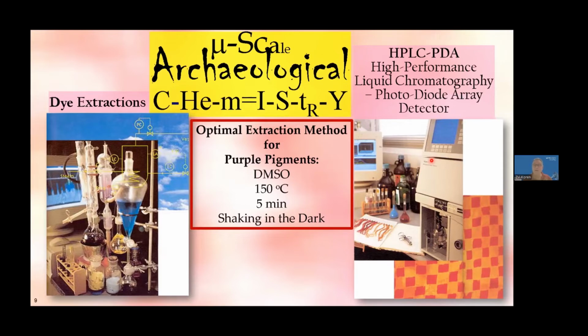And also, what is the extraction method that is being used in order to perform these analyses? My favorite and the optimal one is dimethyl sulfoxide at very high temperature, 100 to 150 degrees Celsius, and in the dark. So you need to know the method of analysis and also the extraction method.